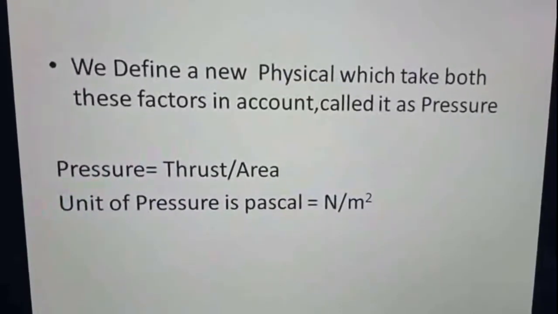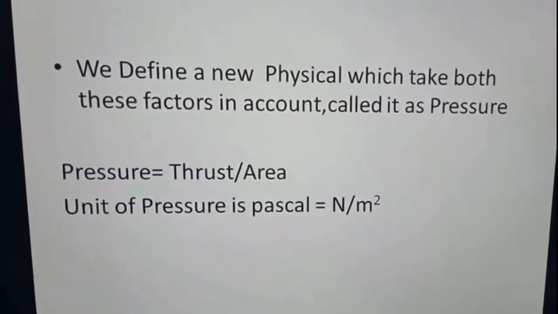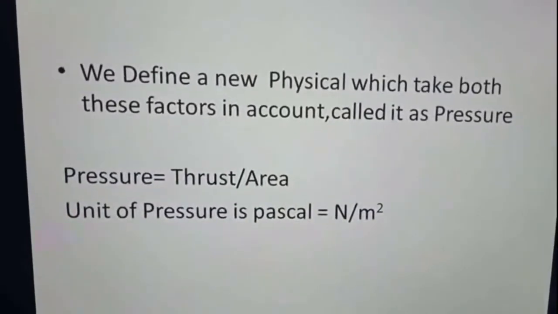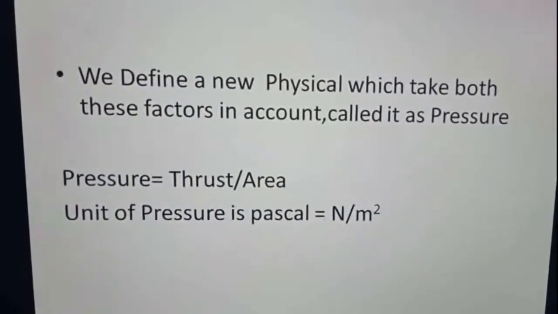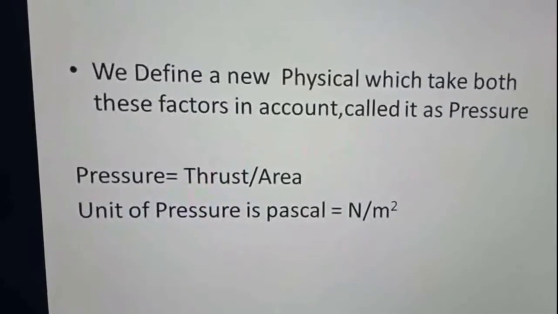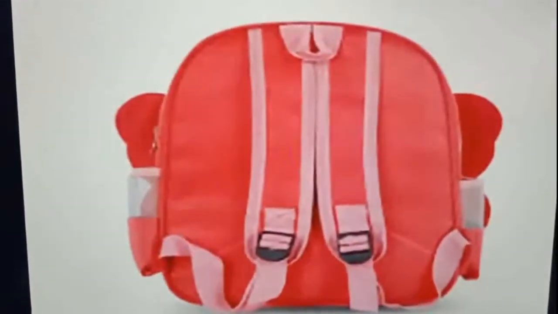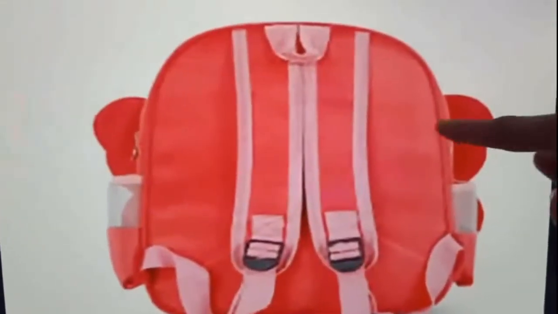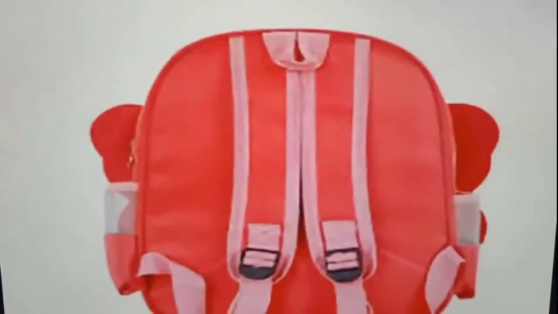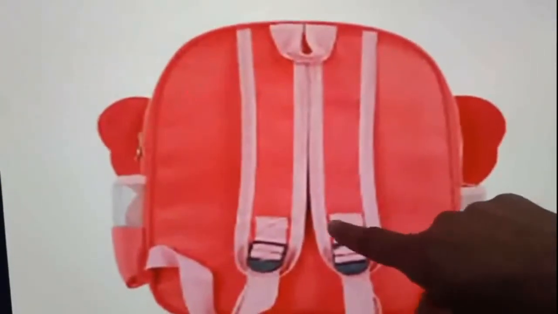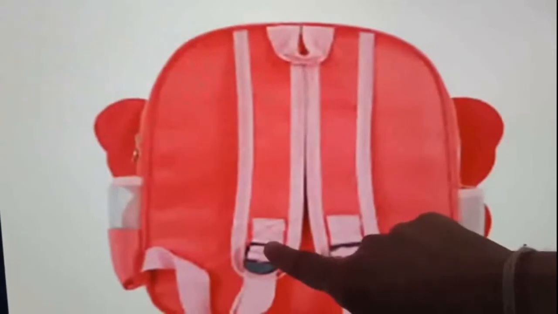Now we use pressure in our daily life in which we increase the area and reduce the pressure. As you see in the picture of a school bag, the school bag has broad straps.